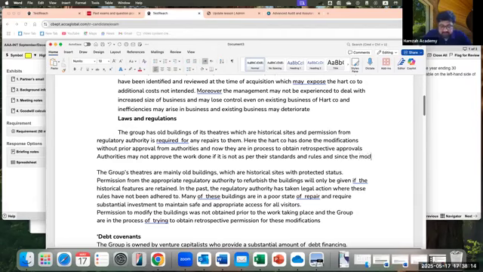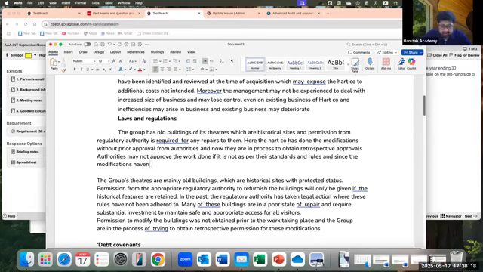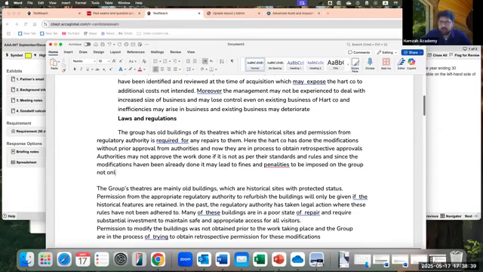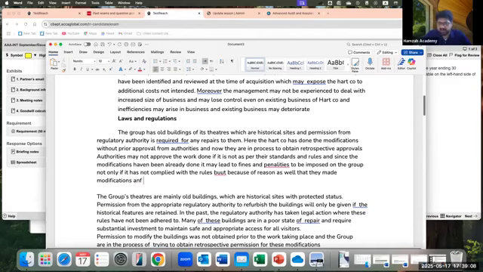And since the modifications have already been done, it may lead to fines and penalties to be imposed on the group. Not only if it has not complied with the rules, but also because they made modifications and repairs before approval.